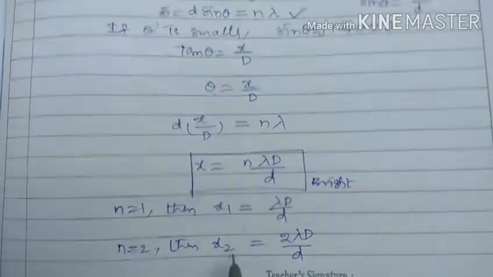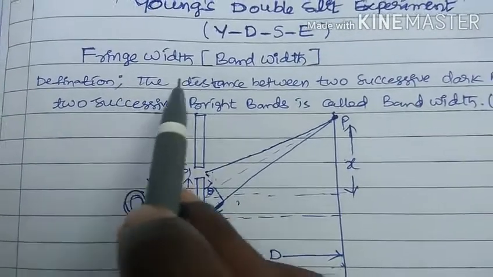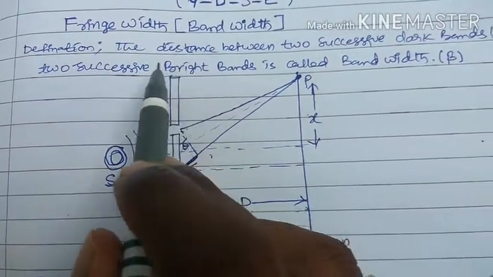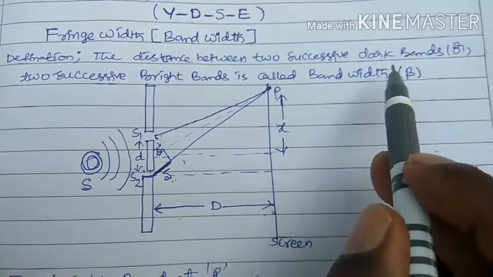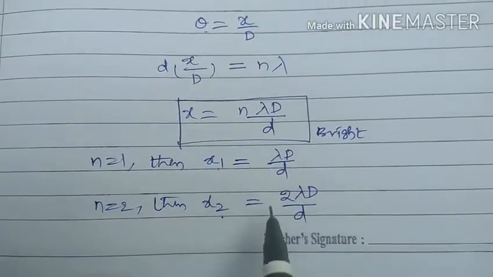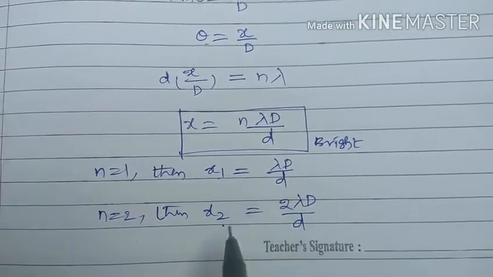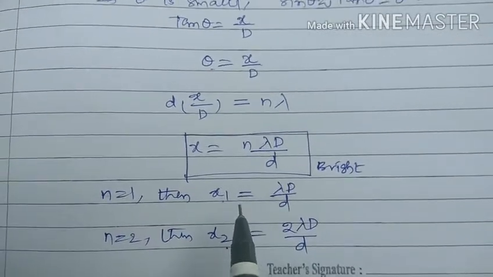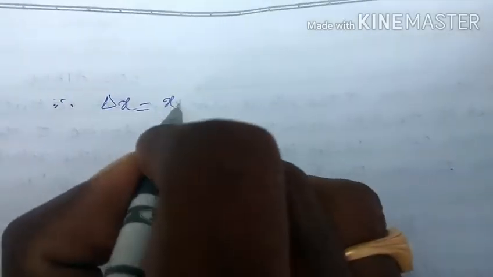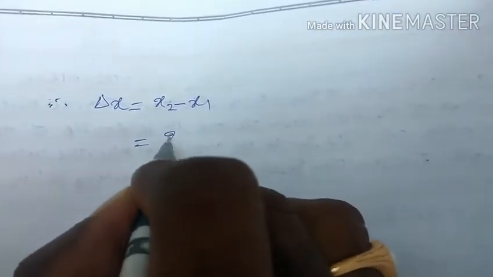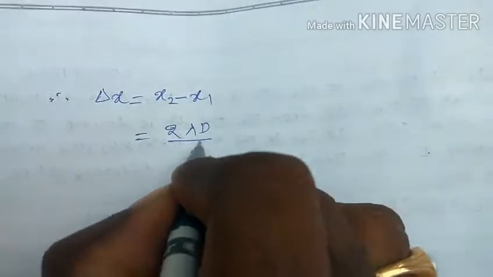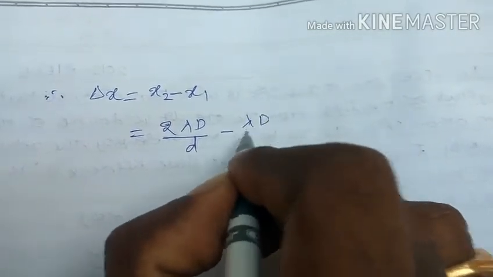So here now we have to determine the bandwidth. So what is bandwidth? The distance between two successive dark bands or two successive bright bands. So here these are the two successive bright bands. Then we have to find the bandwidth. Therefore bandwidth delta x is equal to x2 minus x1, which is equal to 2 lambda D by d minus lambda D by d.